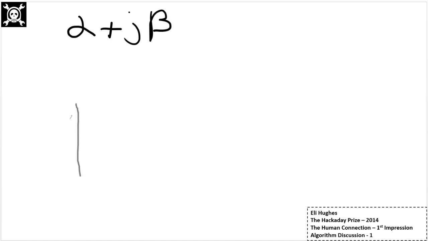We're going to make a little complex axis here, and please forgive my poor artistic abilities. We have the real axis over here, and then the j-axis, or the imaginary axis, here. Now what I'm going to try to do is draw out in this direction time.